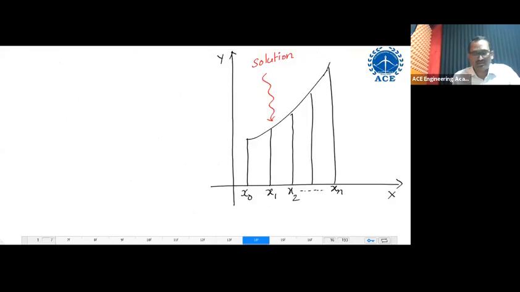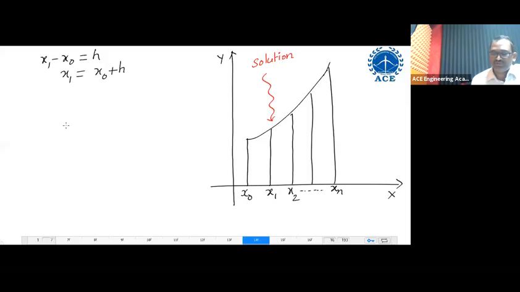Now, what is the length of the first subinterval? The subinterval length is x1 minus x0. Every subinterval length is the same and is denoted by h. So from this, x1 is equal to x0 plus h. Second subinterval length is x2 minus x1.